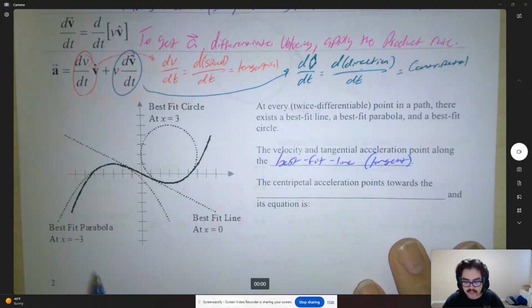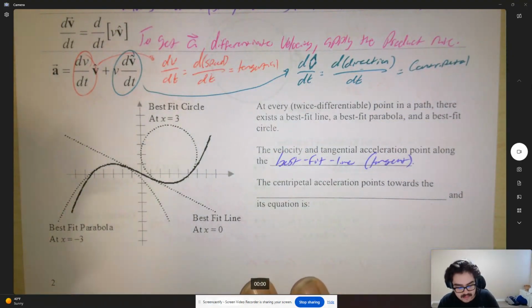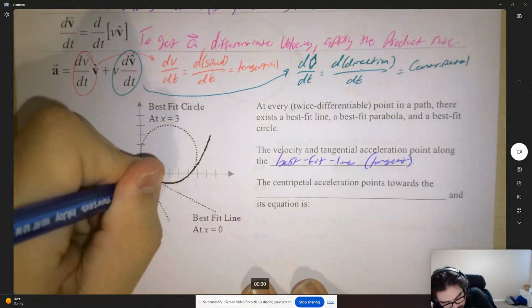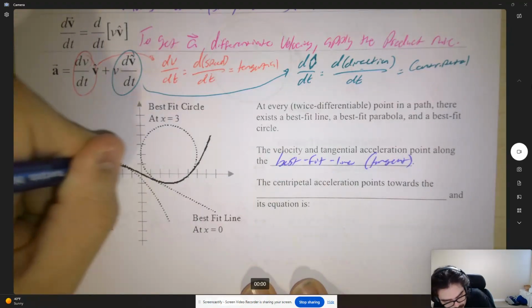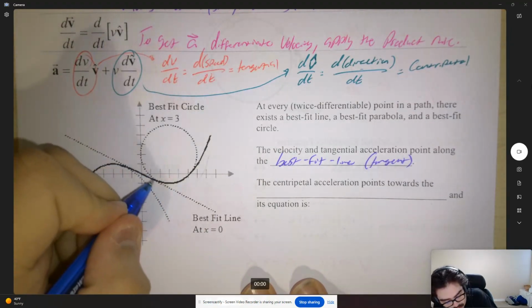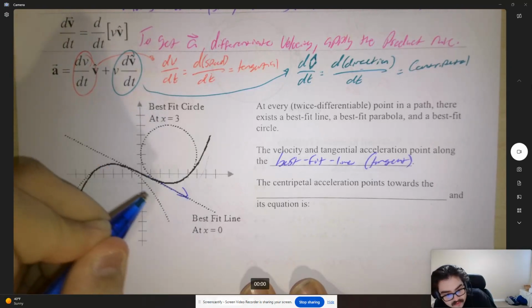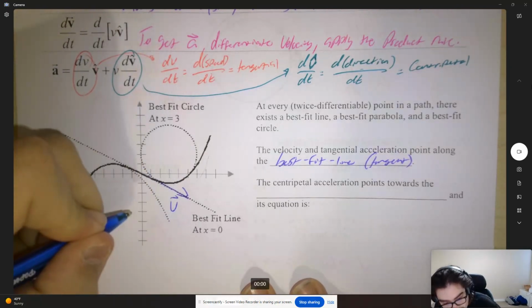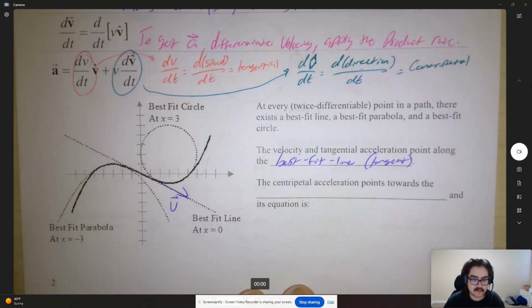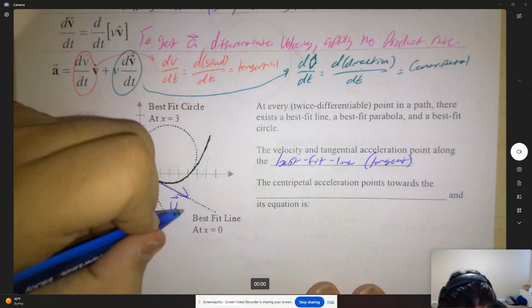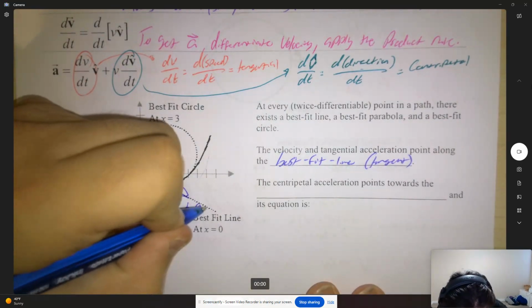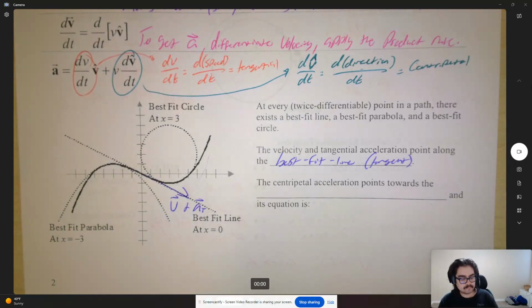For example, at the bottom of the circle here, if you're moving this way along the path, then your velocity would go tangent, following that best fit line. So this would be v, and it would also be a sub t.